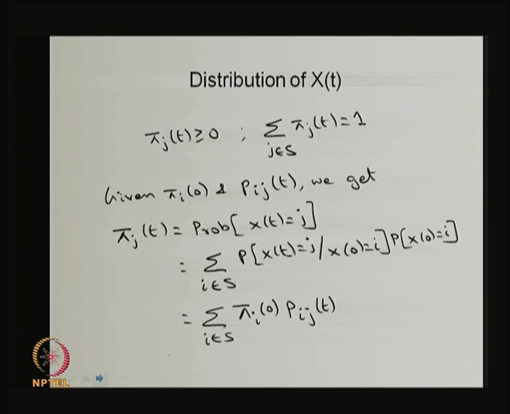Using this, I am trying to find out what is the distribution of X of t for any time t. For any time t, X of t will make a stochastic process. Here it is a continuous time Markov chain. The default one is a time homogeneous continuous time Markov chain, and our interest is to find out the distribution of the random variable X of t.